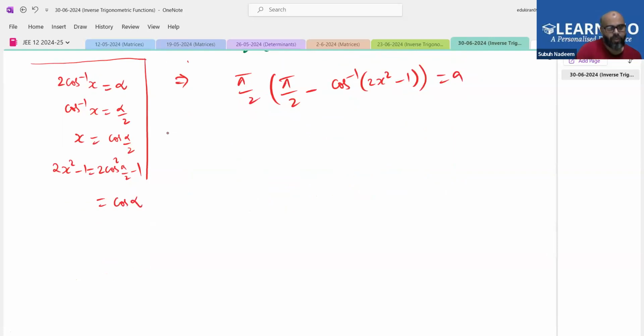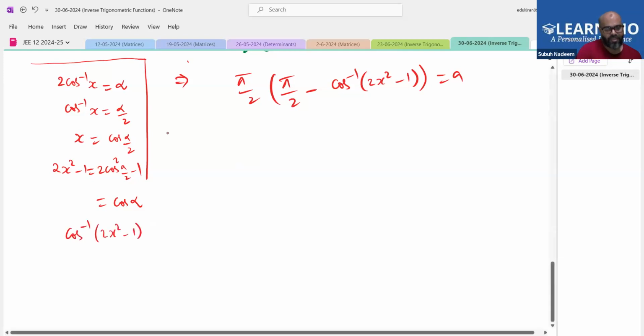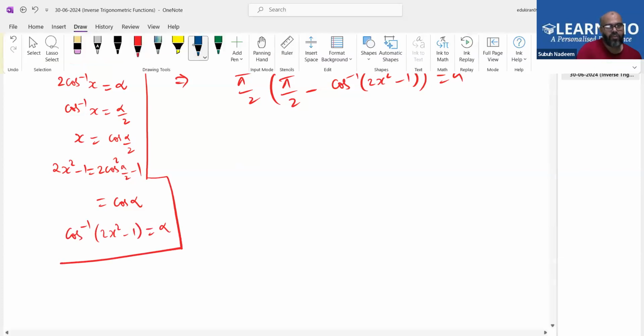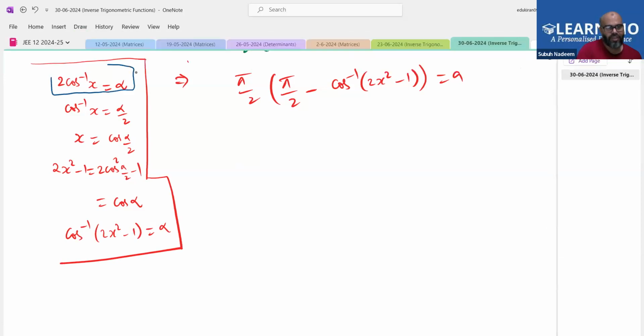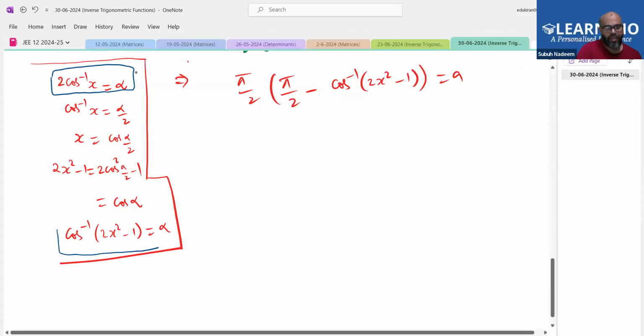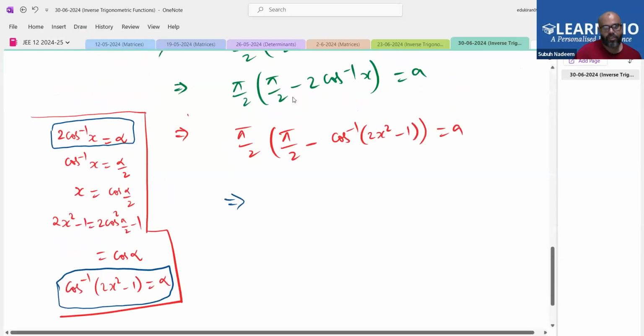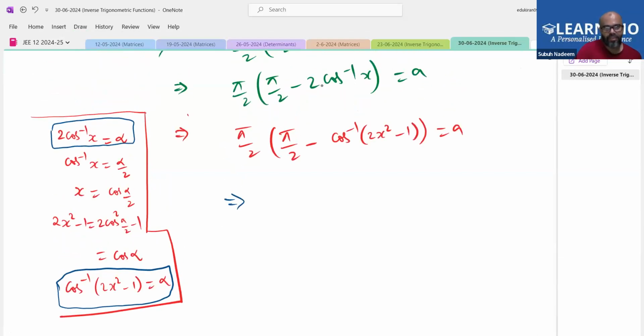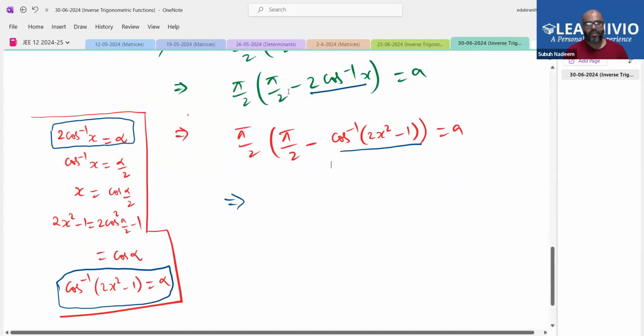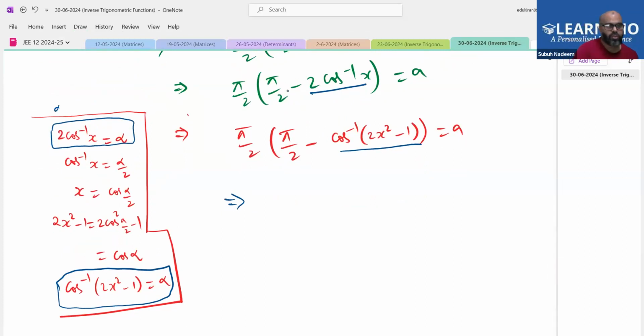So 2x square minus 1 is cos alpha, or cos inverse 2x square minus 1 is alpha. This is how we derive it. So what we have, alpha was 2 cos inverse x, and we got alpha as cos inverse 2x square minus 1. So what we are doing here is we are just changing this 2 cos inverse x into cos inverse 2x square minus 1. So please write this also and the derivation also so that you will remember it.